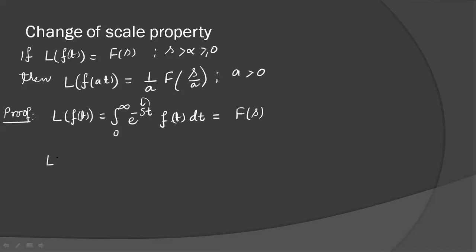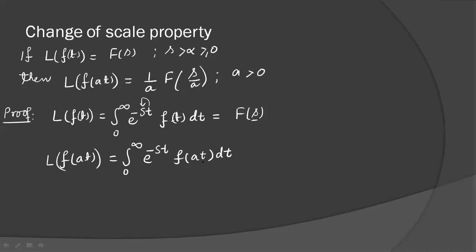Then Laplace of f(at) will be the integral from 0 to infinity of e to the power minus st f(at) dt, provided we can write F(s) with two conditions. When t has coefficient 1 and here t has coefficient s, then it is equal to F(s). This is the standard definition of Laplace transformation.